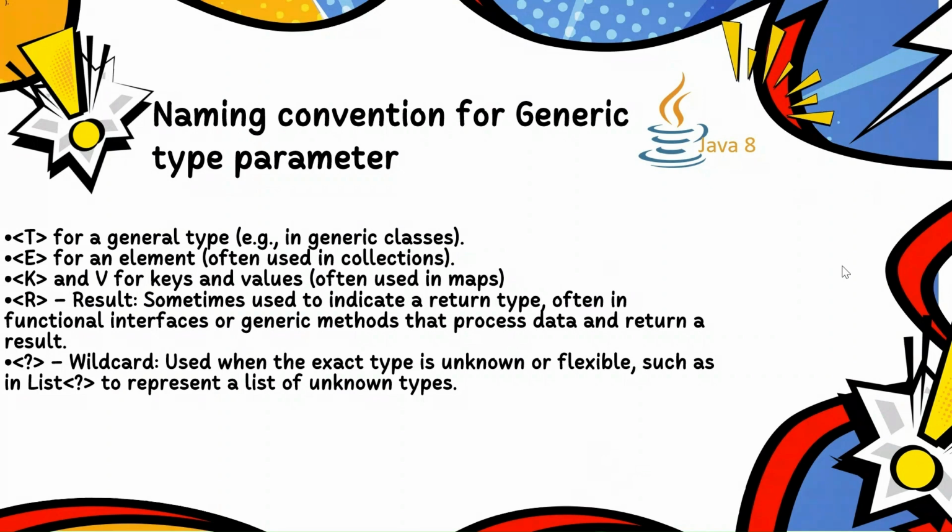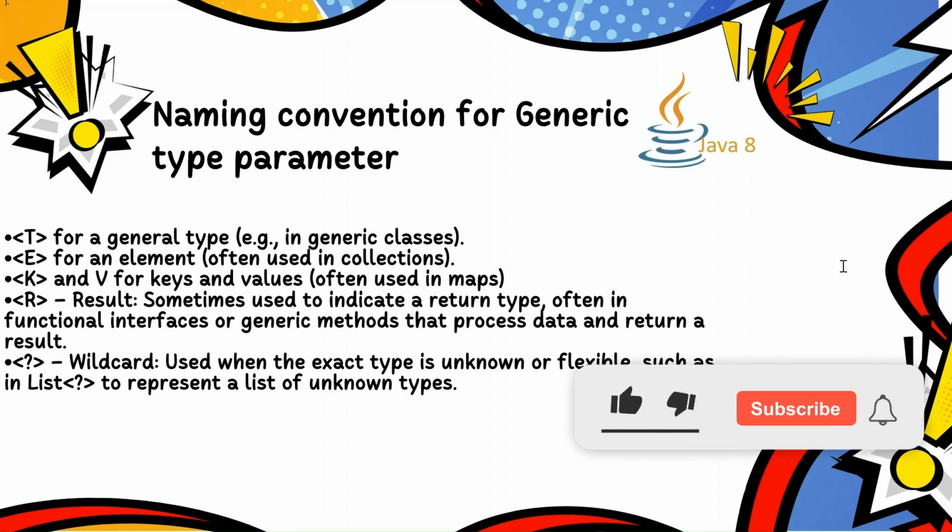In Java, certain single letter identifiers are commonly used to represent specific types of parameters. For example, T stands for type and is a general purpose placeholder. It is commonly used when the generic type doesn't represent a specific role but is used for flexibility in a class or method.